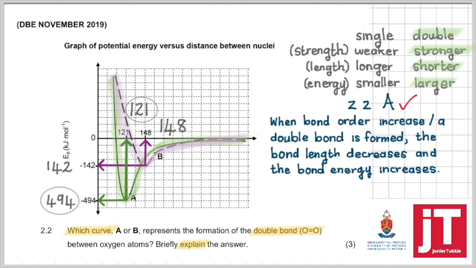You will get 1 mark for saying that curve A is the curve that represents the double bond, 1 mark for stating the relationship between bond order and bond length, and 1 mark for stating the relationship between bond order and bond energy.